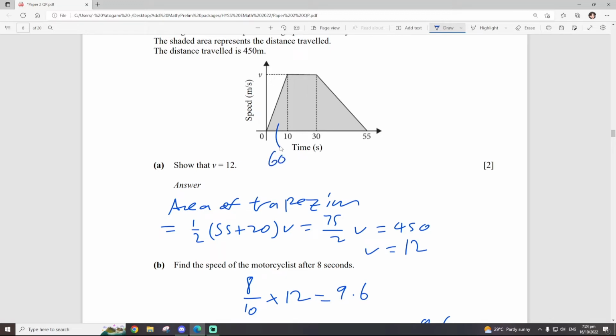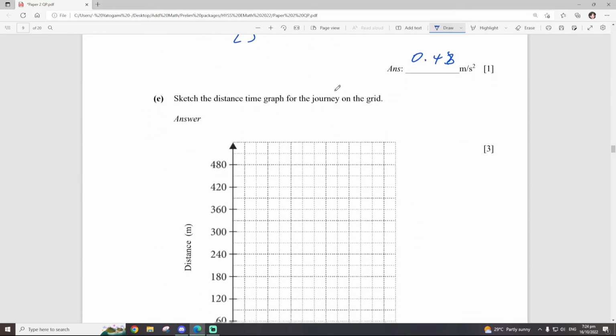So 60. And if I add these two parts together, this rectangle is 240, so in total this is 300. We can verify that the triangle is 150: 12 times 25, then half, yes, 150. So the milestones we need to take note of are 60, 300, and 450.